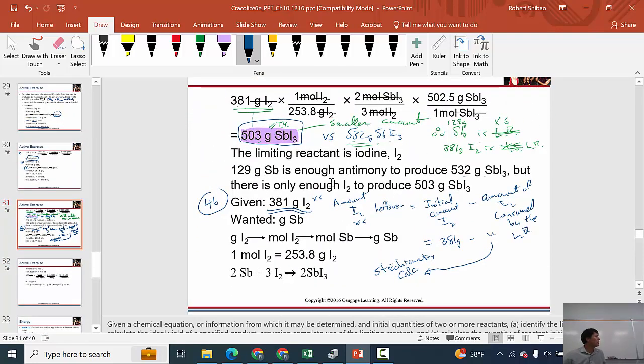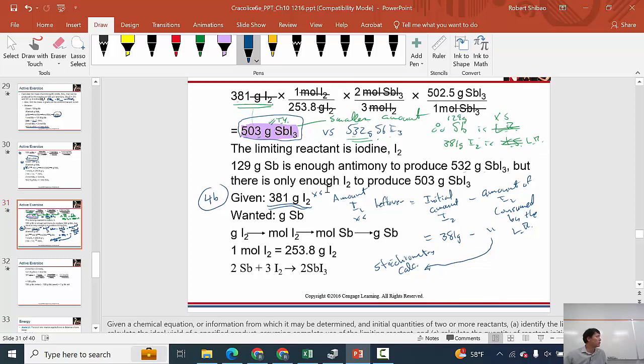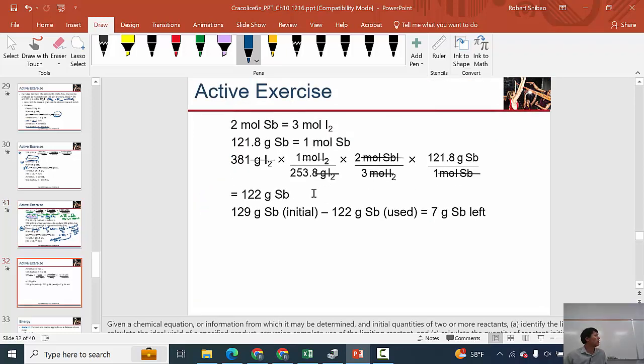And so what is the stoichiometry calculation? Well, for every antimony, we need 3 halves I2, or for every 2 antimonies, we need 3 I2s. And so that's our stoichiometric ratio there. And since we're doing it in grams, we'll have to do it like this. They're doing it 381. I do it a little bit differently here.